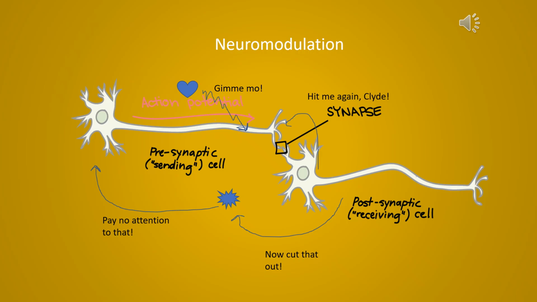Well, how did it happen? Well, it turns out that the sildenafil stimulates the postsynaptic neuron to release a neuromodulator, which is simply nitric oxide. When the postsynaptic cell releases the nitric oxide, it feeds back to the presynaptic cell saying, hit me again, Clyde.